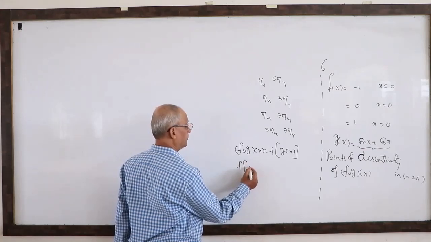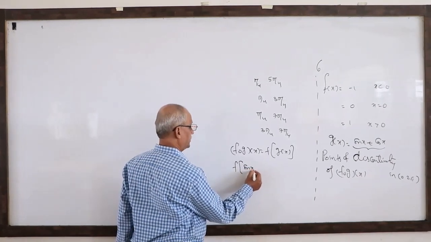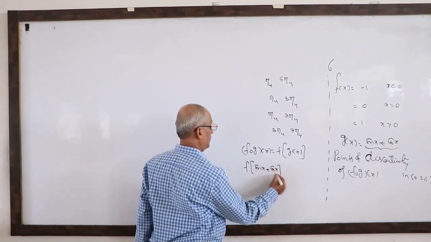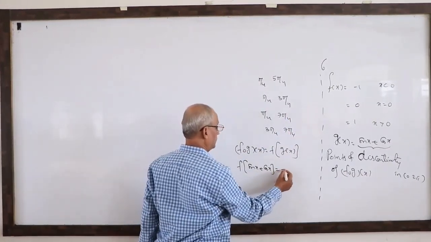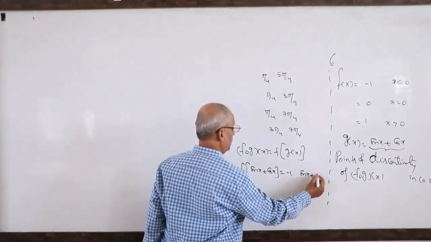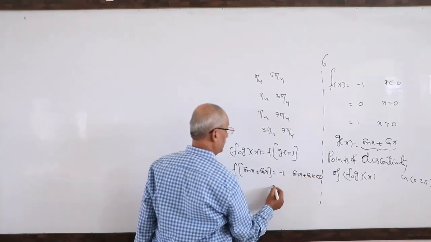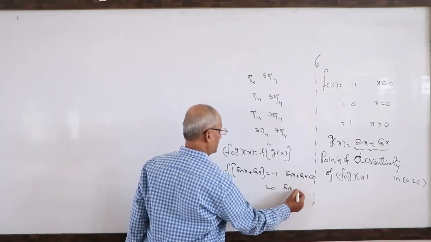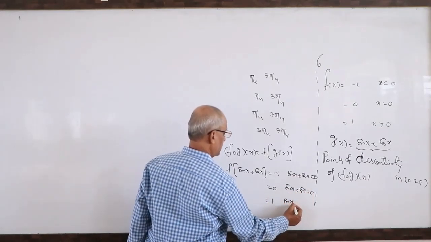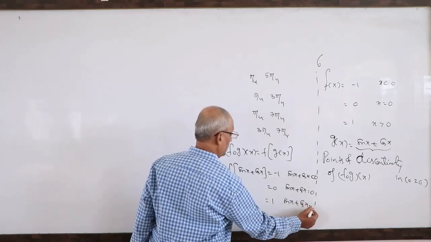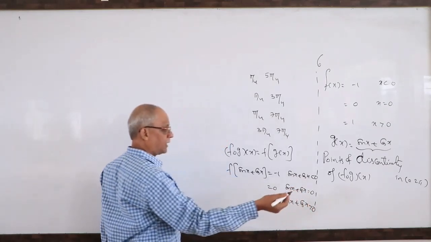F of sin x plus cos x is -1 when it is negative, sin plus cos negative. 0 when sin x plus cos x is 0. 1 when sin plus cos is positive. Different intervals, parallel you will get the answer.